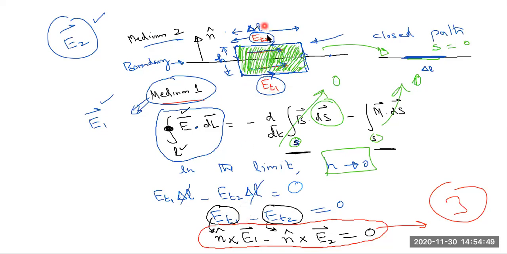So tangent components are always equal, or continuous. These are different ways of interpreting this third boundary condition.